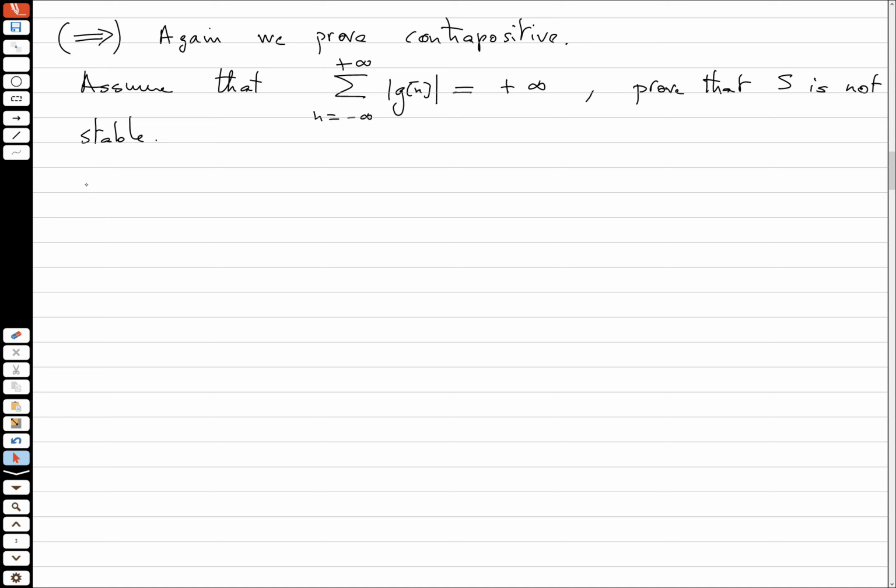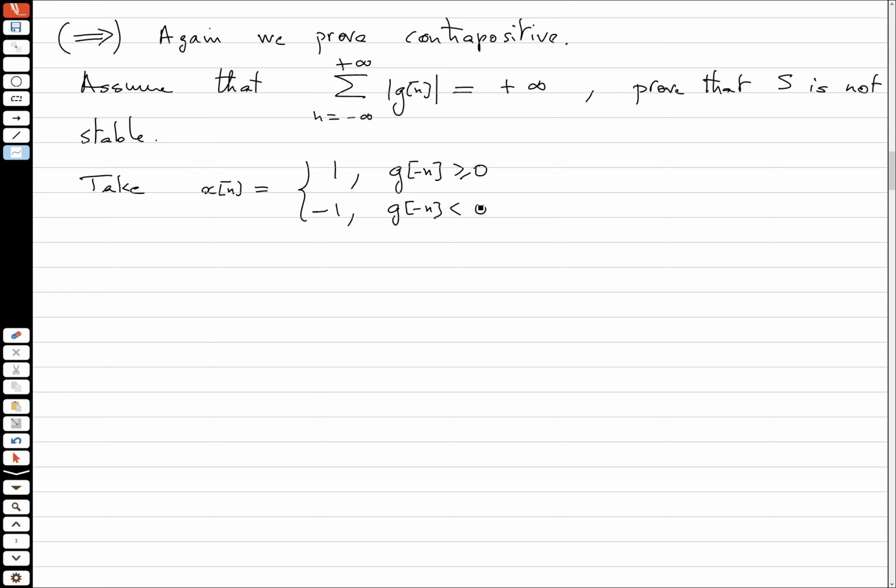So take x of n equals 1 when g of minus n is positive, and minus 1 when g of minus n is negative. So don't ask me why I'm taking this, just take this.